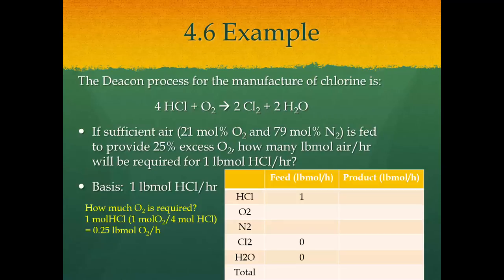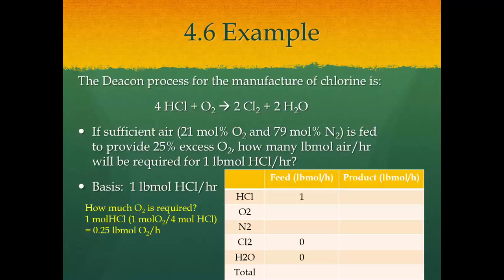So if I want to know how much oxygen is required, well, that's based on the stoichiometry of the reaction. So if I have 1 pound mole per hour of HCl needed, then for every 4 moles of HCl, there's 1 mole of O2.